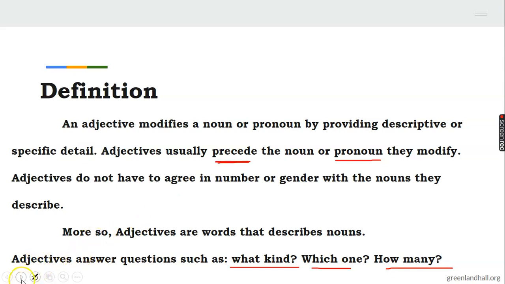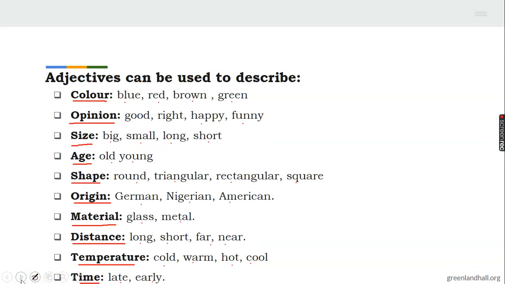Alright? Don't forget they are used to describe color, opinion, size, age, shape, origin, material, distance, temperature, and we also have time. So make sure you jot this down.